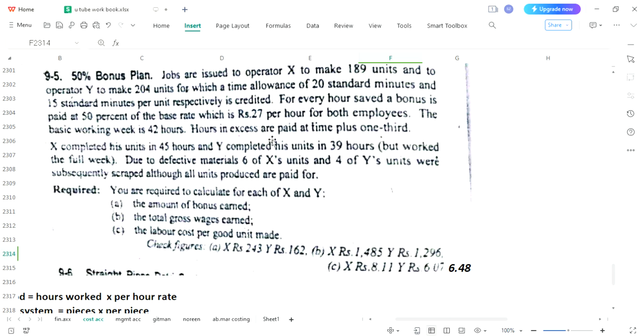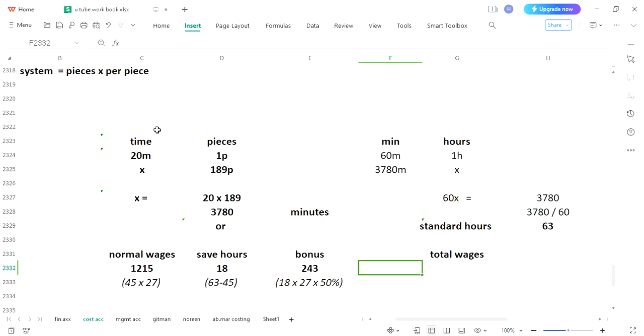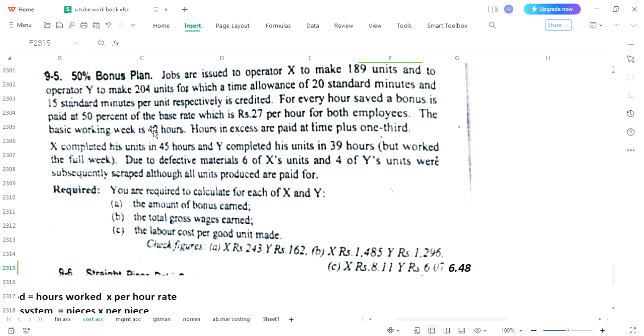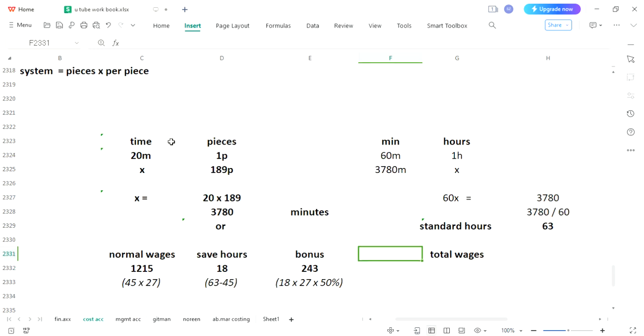Hours in excess means 42 is your working hours, but he had worked for 45 hours. This is the reason why we are concentrating here. The basic working week is 42 hours, and X has completed in 45 hours. It means 3 extra hours he had worked. So we'll have to mention it.